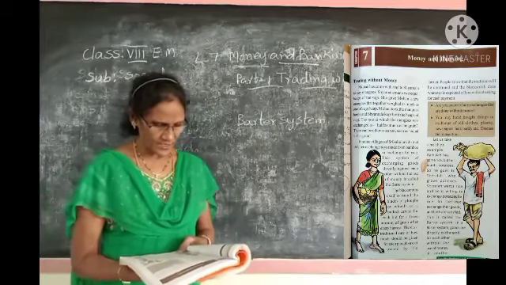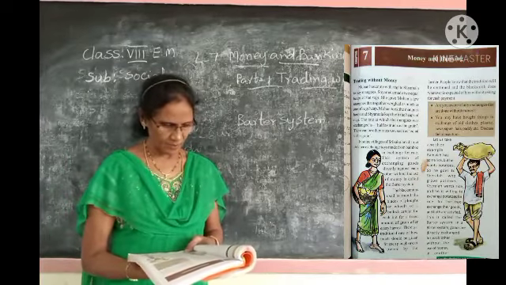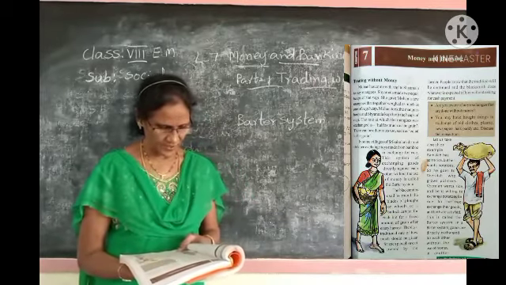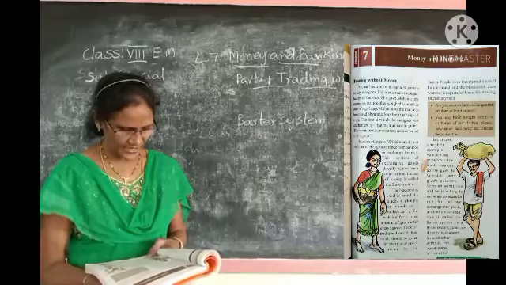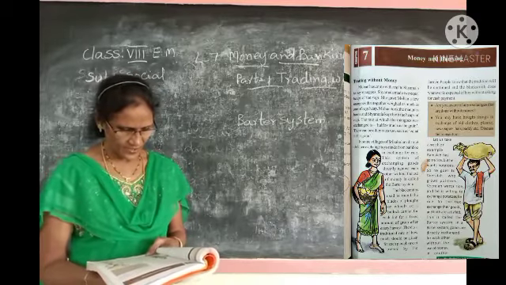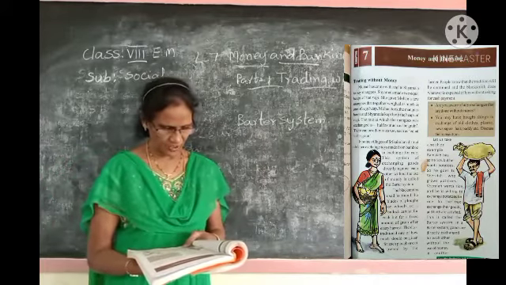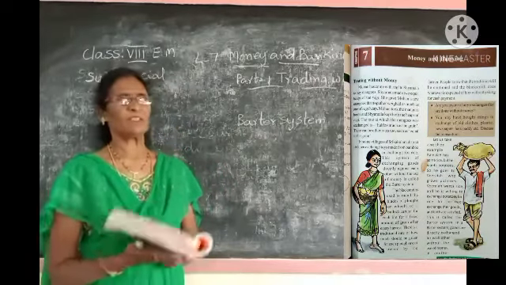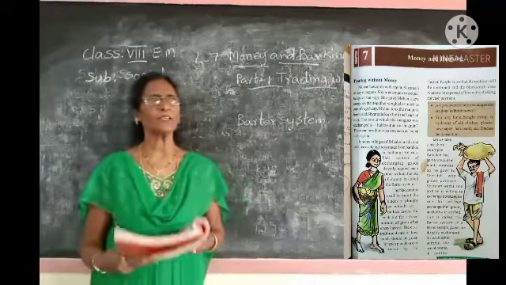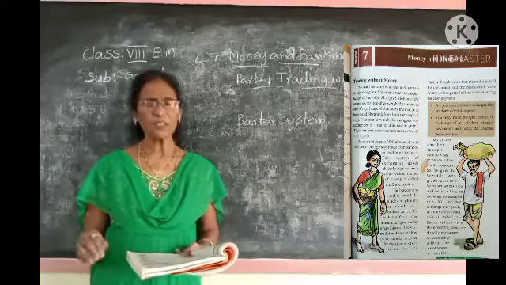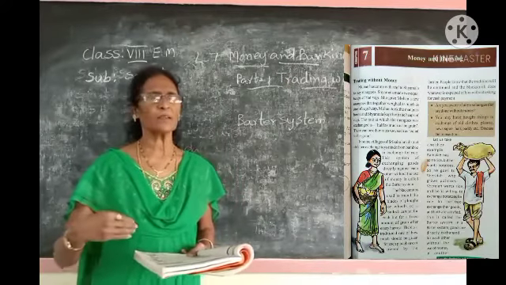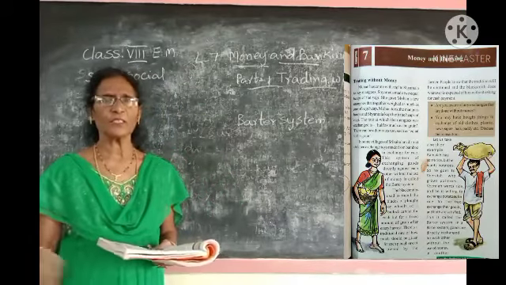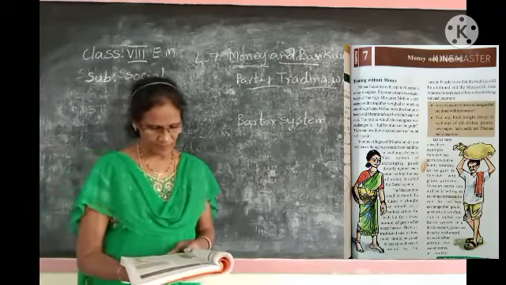The blacksmiths used to mend the blades of plows or wheels of the bullock carts not for cash but for a fixed amount of grain after every harvest. వాళ్ళు ఏం చేస్తారంటే, they are not selling the things with money, they are selling things with grains.